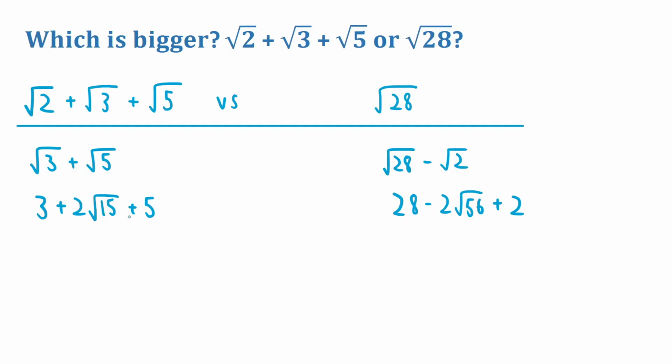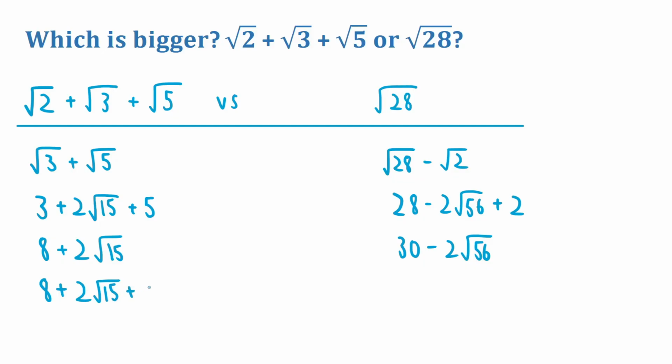If we clean this up, the left-hand side becomes 8 plus 2 square root of 15, and the right-hand side is 30 minus 2 square root of 56. If we add 2 square root of 56 to both sides, the left-hand side becomes 8 plus 2 square root of 15 plus 2 square root of 56, and the right-hand side just becomes 30.